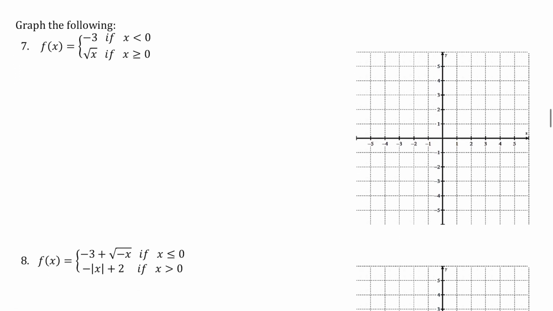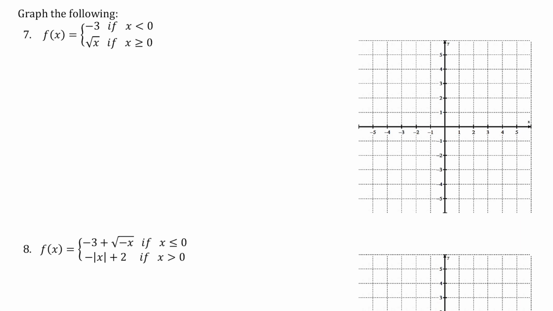Then on our last page here, we have graphing piecewise functions. So there are people that do this differently. Different teachers teach this differently. One thing that some teachers do is that they draw the whole graph and erase what they don't want. So what I'm going to do, just to show you real quick, if we're talking about -3 being your y value, that means your graph is always going to be -3.